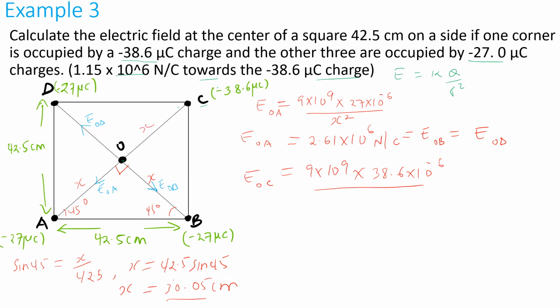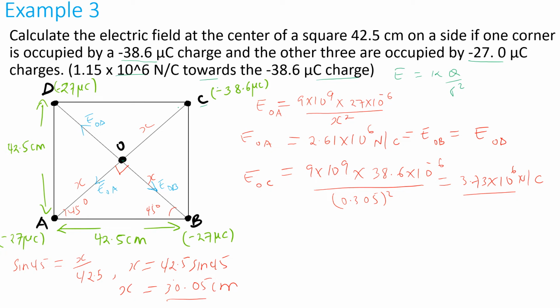So distance OC is x, and we have it as 30.05 centimeters, which is 0.305, squared, and therefore this gives us 3.73 times 10 to power 6 Newton per coulomb. That's it. So we have all the two.